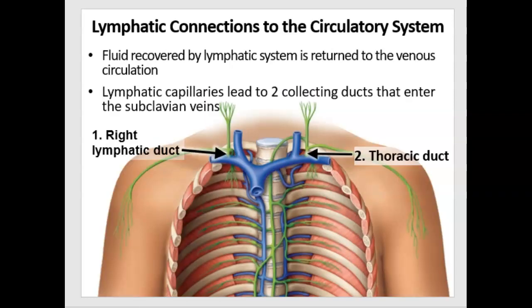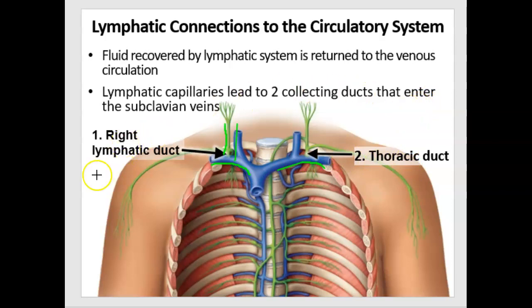So let's look at what happens to the fluid that's traveling in the lymphatic system. The lymphatic system has a connection to the circulatory system. So lymphatic vessels lead to ultimately a connection with 2 veins. And these veins in the circulatory system are called subclavian veins. And so the lymphatic vessels have ducts that allow the fluid to go back into our venous circulatory system.